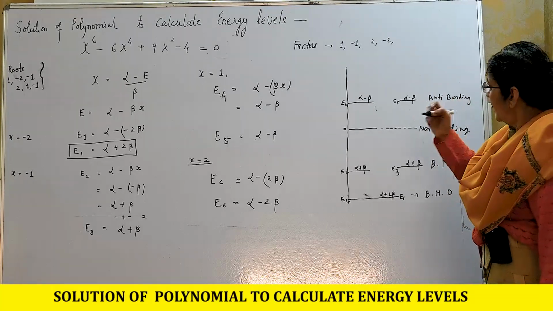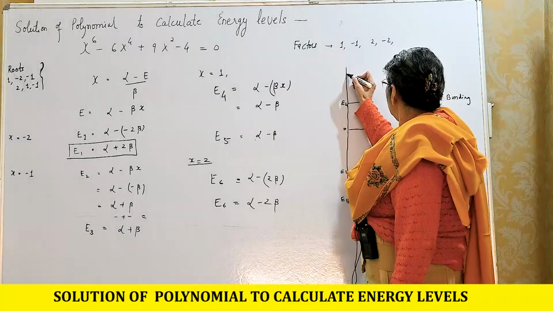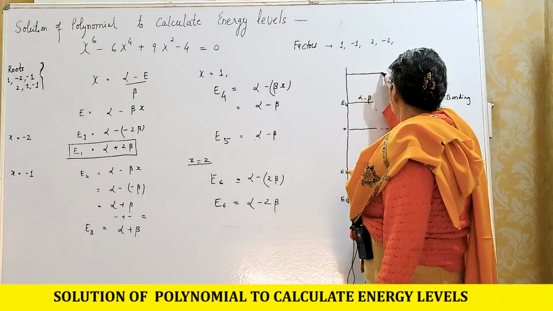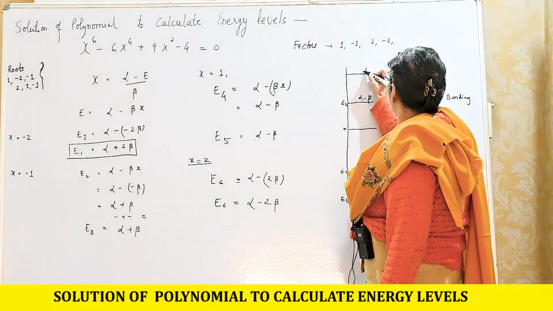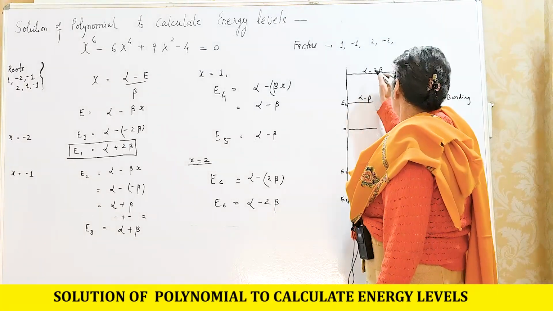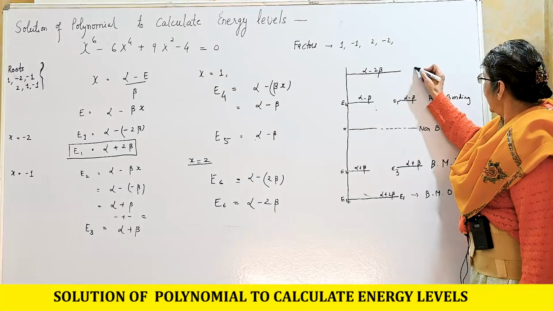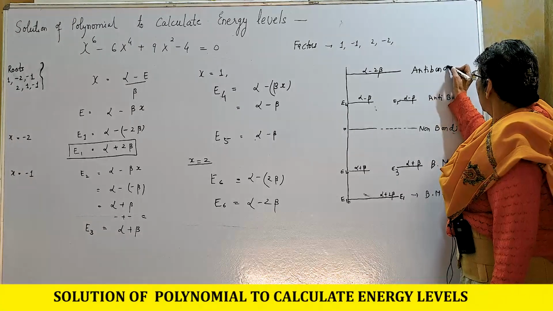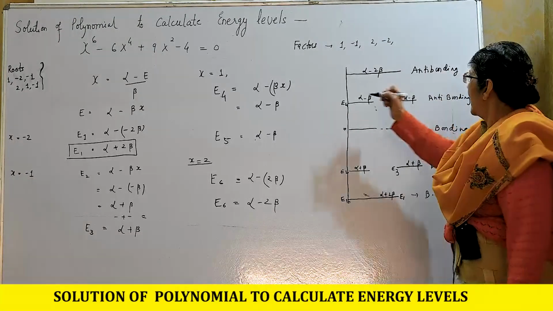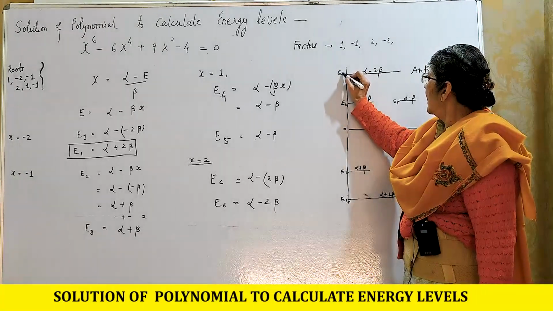Further, the molecular orbital with the highest energy is alpha minus 2 beta, and again it is anti-bonding, and this is E6.